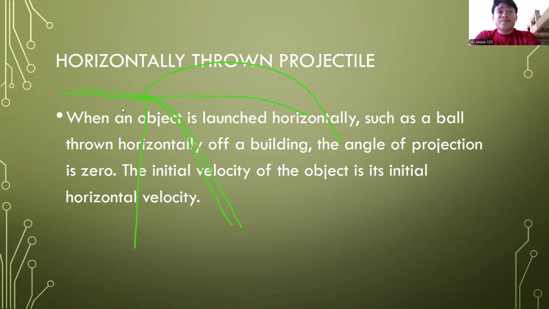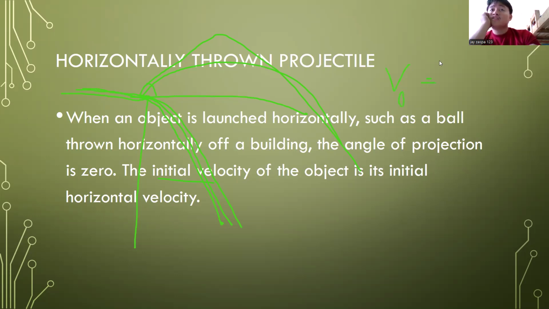I hope that's clear. It's a different thing when the ball goes up there, it creates an angle. But if it goes like this, bang, that is no angle of projection. Now, the initial velocity of the object is its initial horizontal velocity. So in this case, what is your initial velocity, V0?